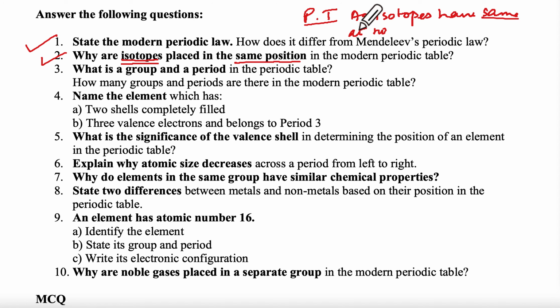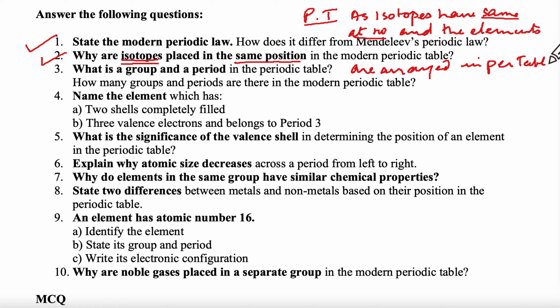I will say they have the same atomic number and the elements are arranged in the periodic table according to increasing atomic number, correct?